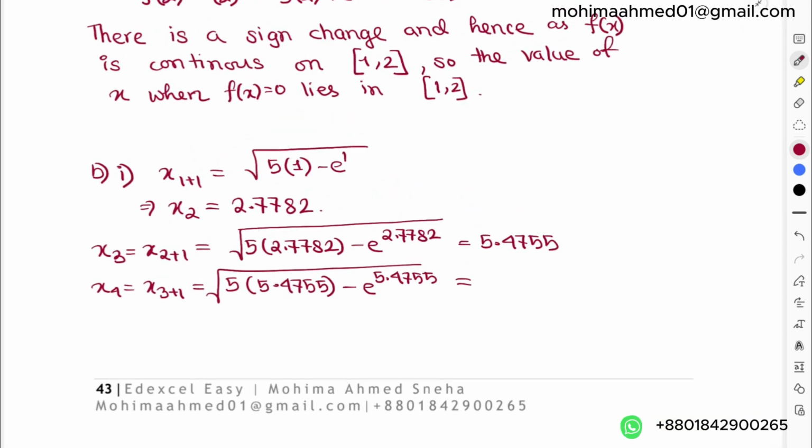Let me check. 5 minus exponential power 1. Yeah, we made a mistake there. I was supposed to get 1.5105 and I'm supposed to insert 1.5105 here.